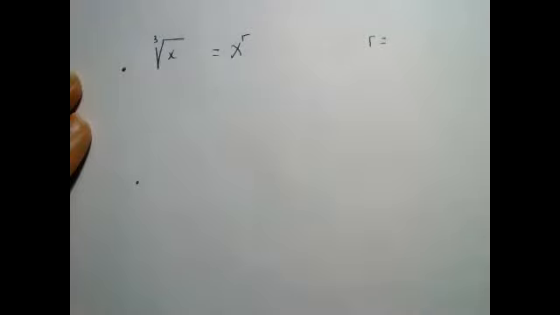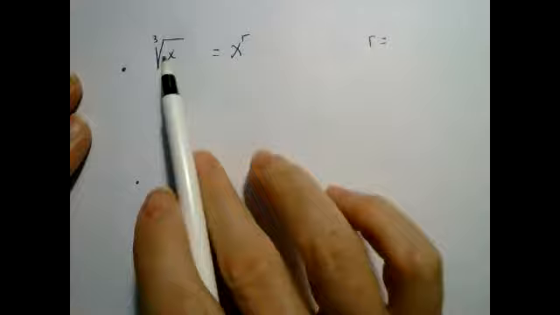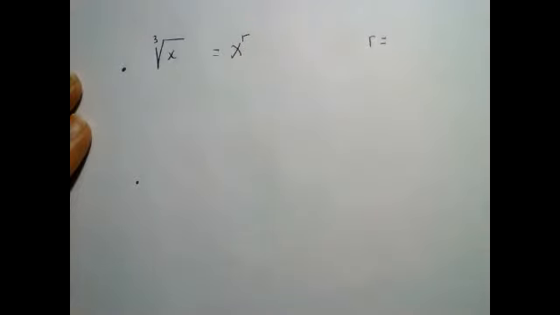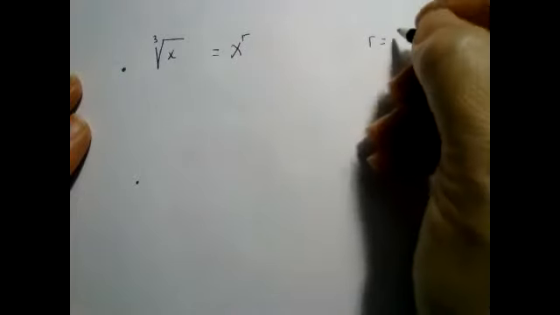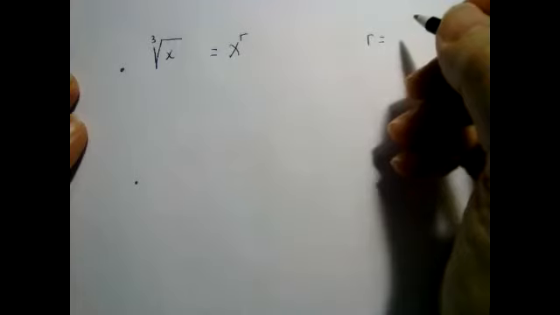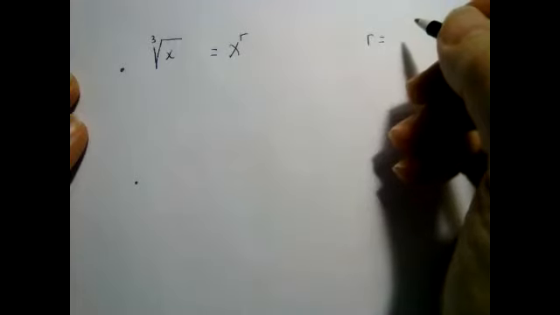Again, I'm waiting for answers. Cubic root of x, x to the R. What is the R? Olivia, do you have any idea? Olivia, are you with me? Yeah, I'm with you. Do you know what the R is? I'm not really sure about this one.